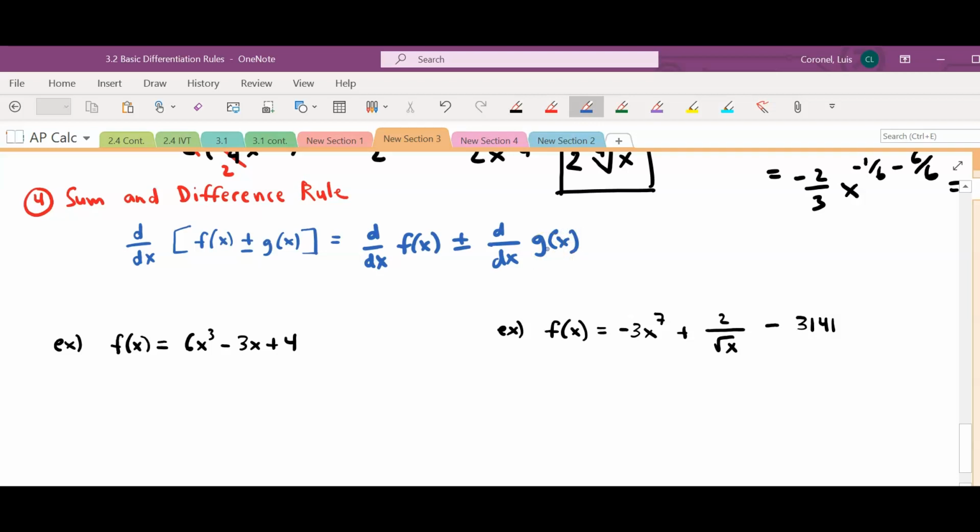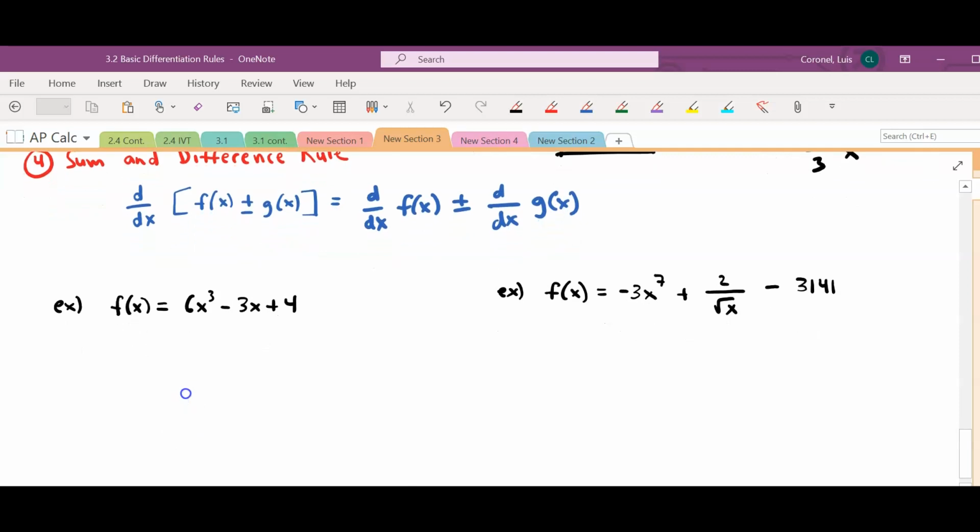So let's see how that looks in this example. f of x equals 6x cubed minus 3x plus 4. When you do the derivative of f of x, power rule, 6 times 3, 6, 12, 18. Subtract 1, you get x squared.